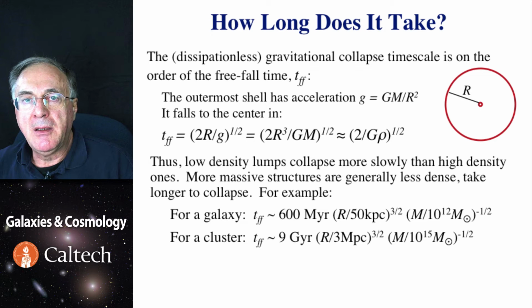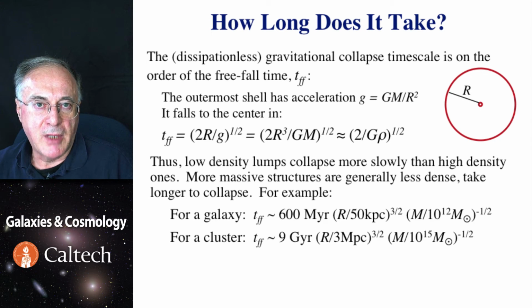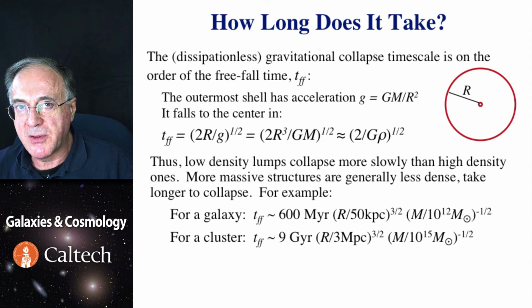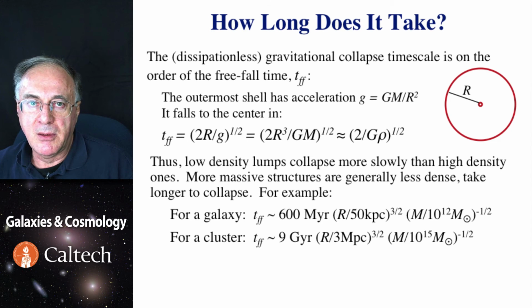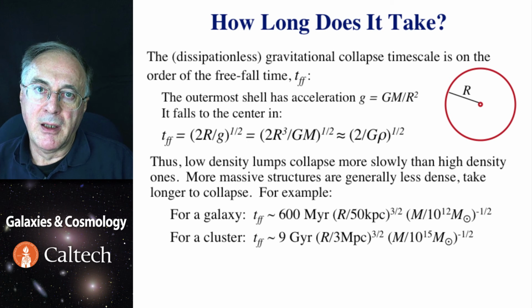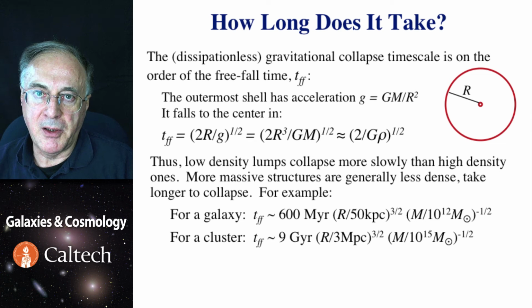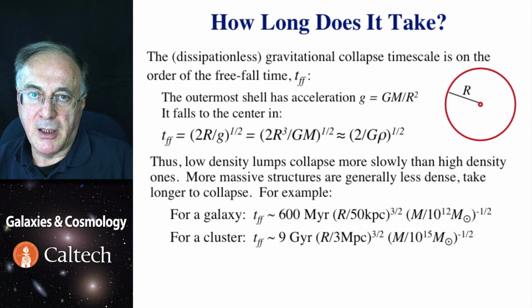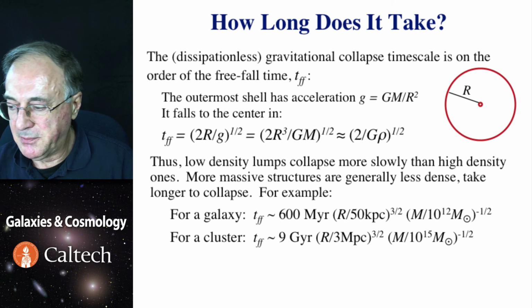Now if we plug in typical numbers, say for the extent of dark halos of galaxies and sizes of clusters of galaxies, we find that the collapse times are a few 100 million years for galaxies and a few billion years for clusters, which means that galaxies will collapse first in the early universe, and large-scale structures will be collapsing even today, and that's exactly what's observed.